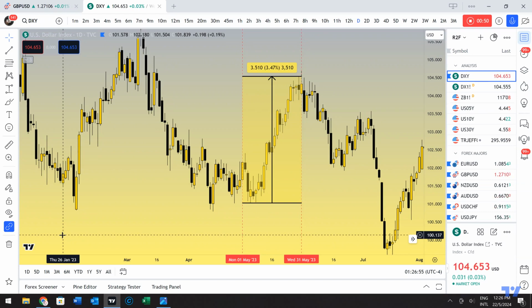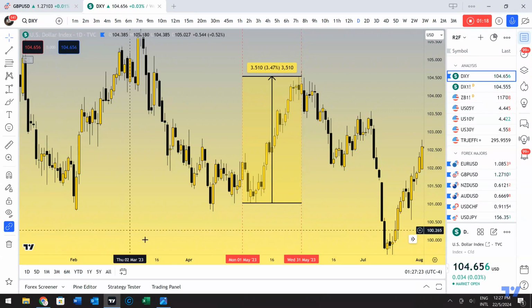So, whilst the temperature and climate is not 100% the same every year, there's a high probability and high likelihood that you'll get the weather that you want. So that's a seasonal tendency, and a seasonal tendency in the chart is basically different times of the year where it has more bullish or bearish movement.